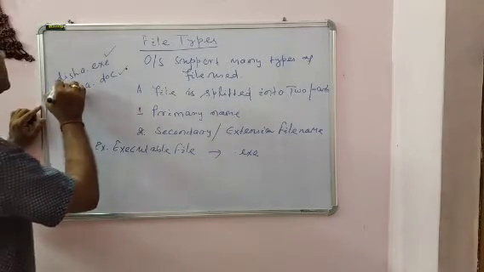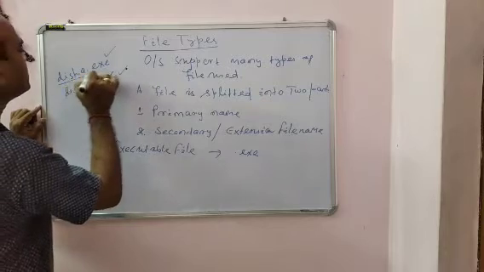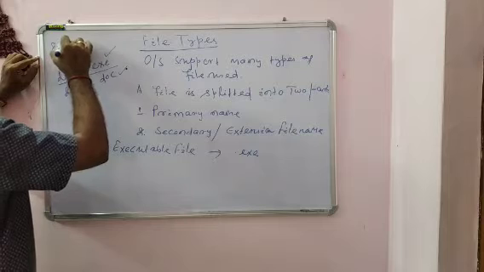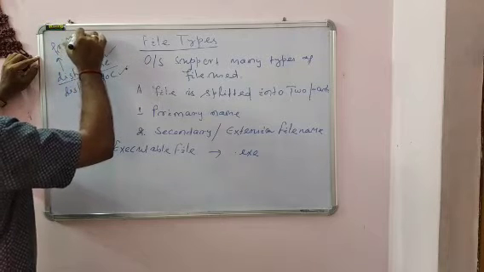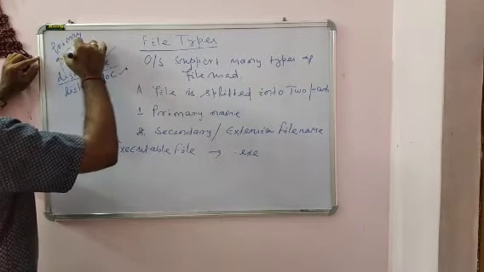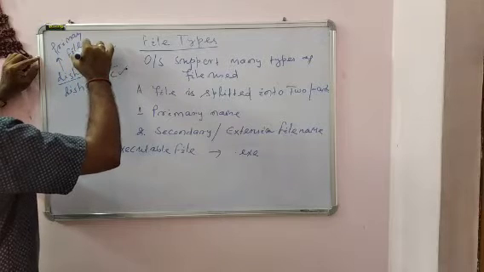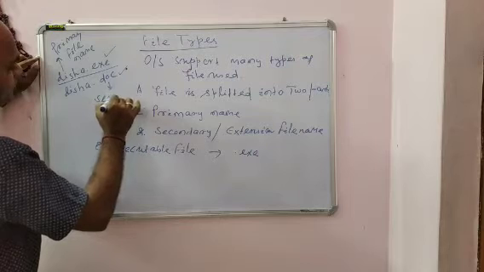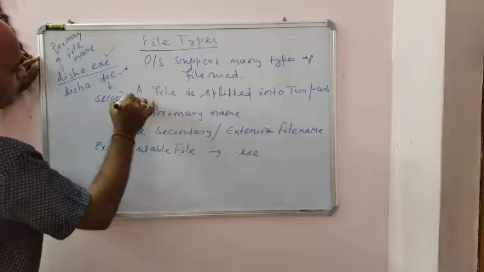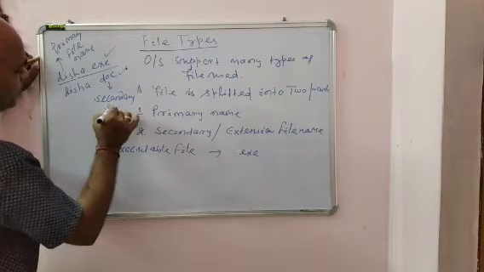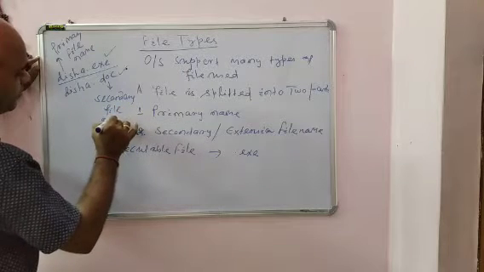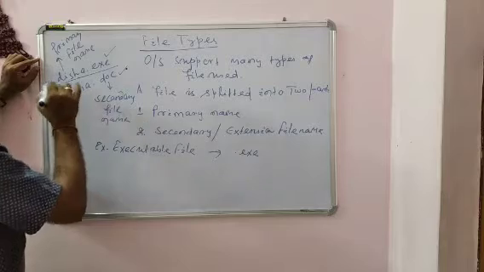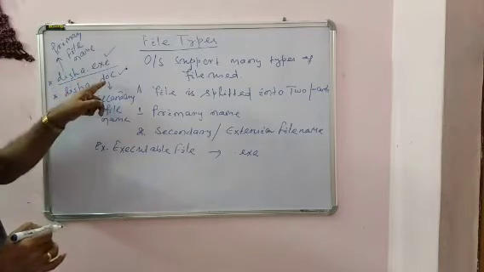This is an executable file, and this is a document file. The file name is disha, which is the primary file name, and this is the secondary part, the extension.